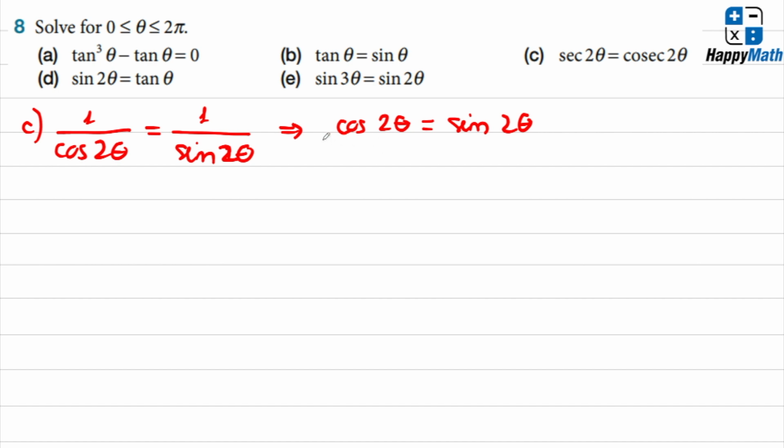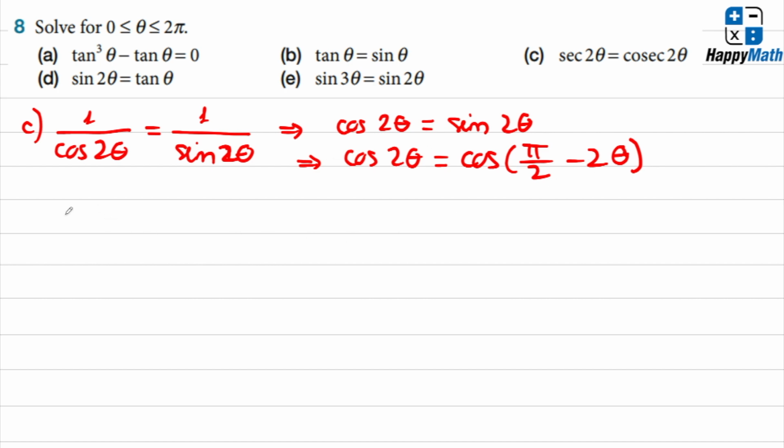And from here, on the left hand side you have cos and on the right hand side you have sine. And I can convert this into only one trigonometric function. Sine 2 theta here will be equal to cos of pi over 2 minus 2 theta, like this one. Complementary relationship, yes.